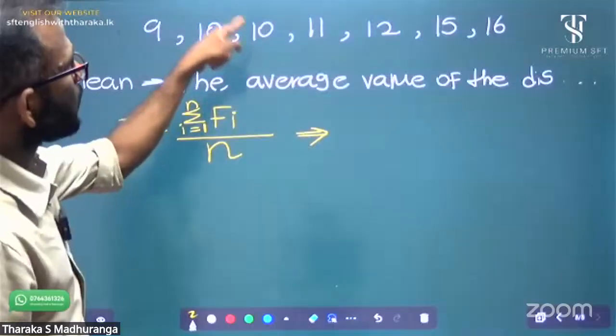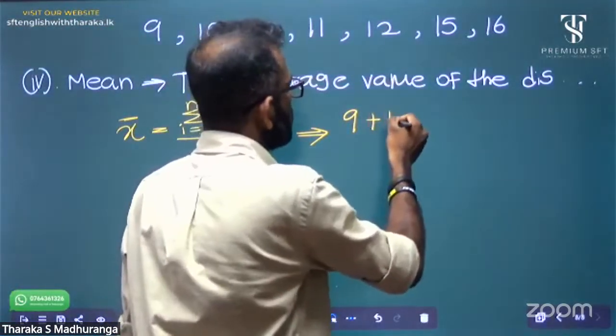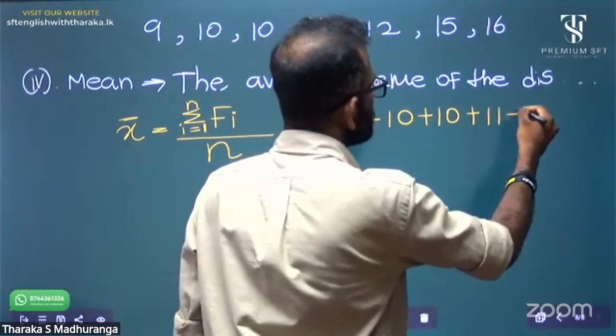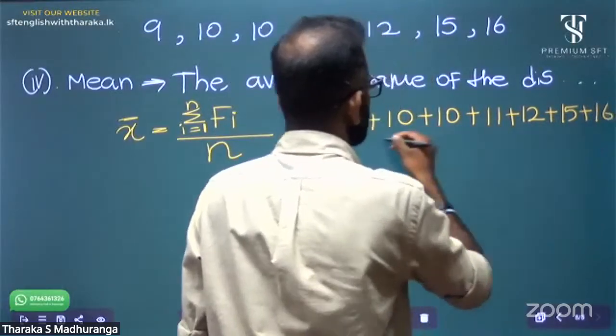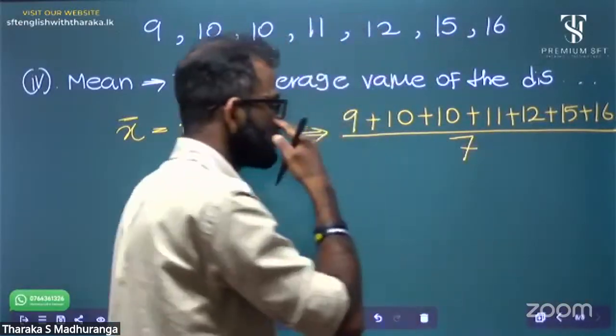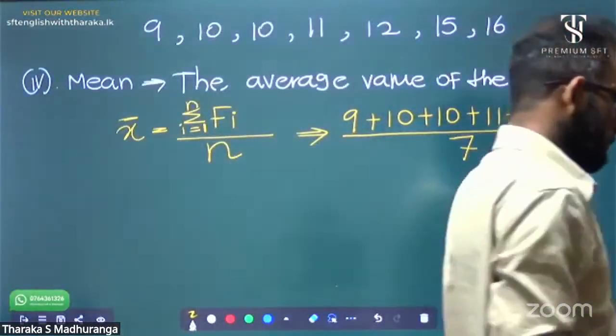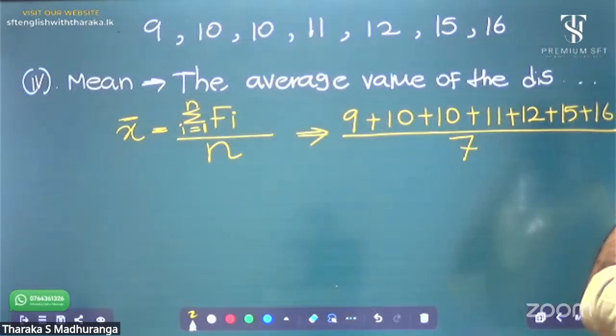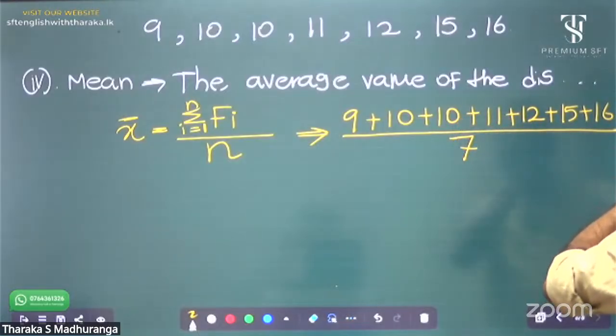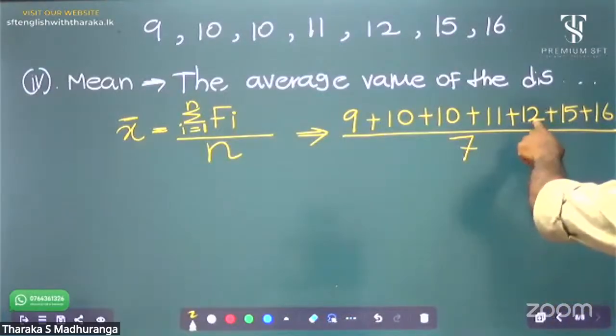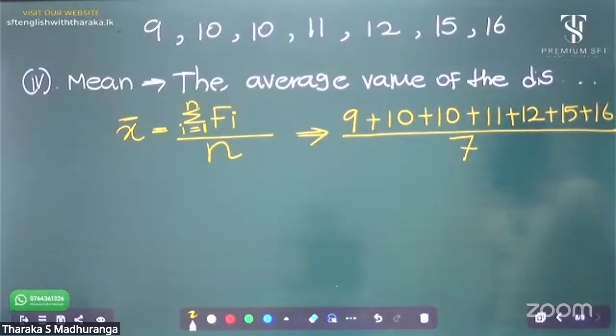9 plus 10, 19. 19 plus 10. Okay, this is the answer. 9 plus 10 plus 10 plus 11 plus 12 plus 15 plus 16 over 7. Running total: 29, 40, 52, 67, 83.